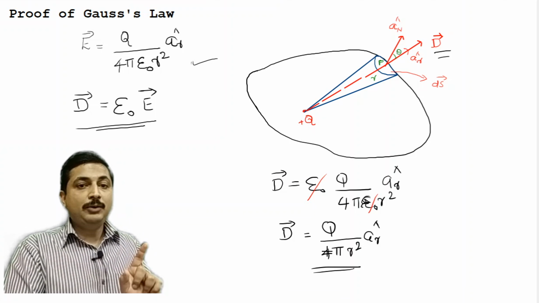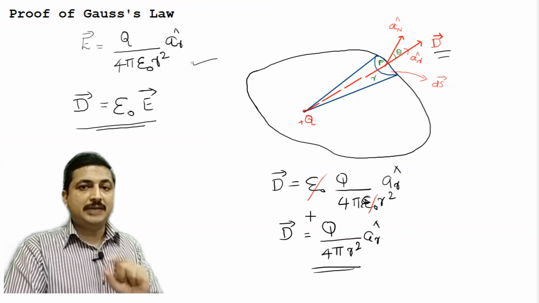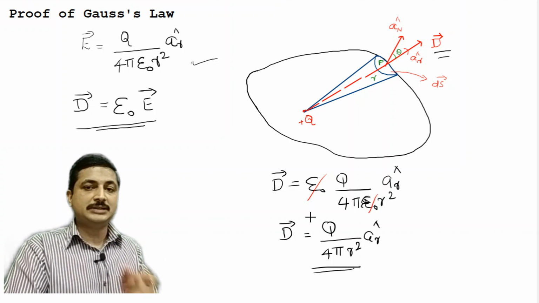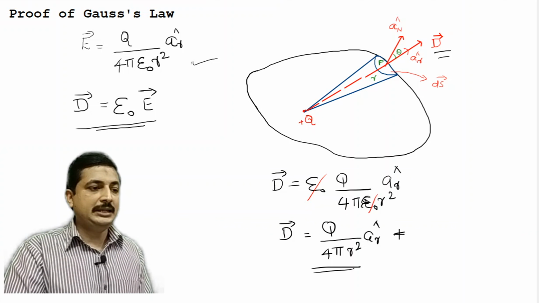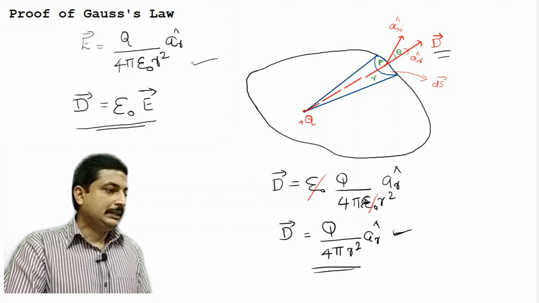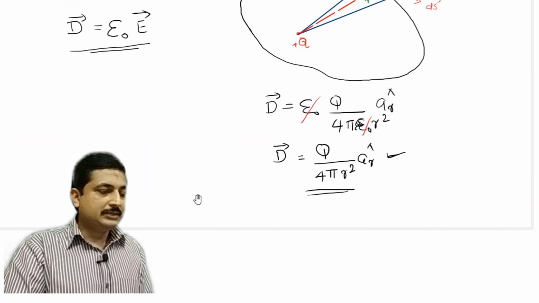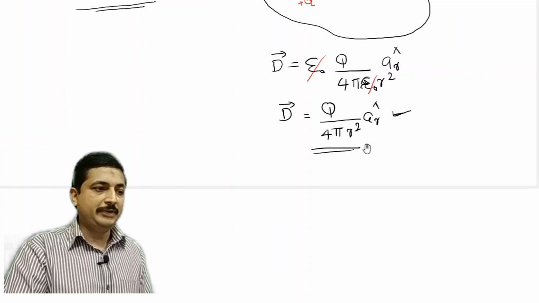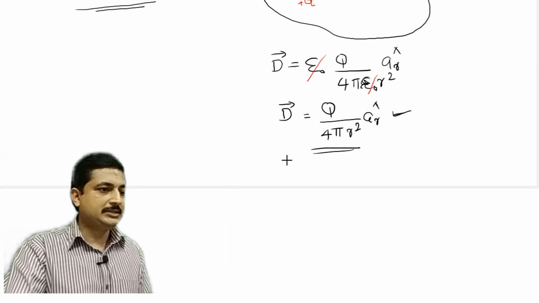Now I have drawn a figure ensuring you that we will find what is the total flux coming out of a small surface ds. So I need to extend this idea to ds. How am I going to extend that idea to ds? Let us see that. We already know that D is Q by 4 pi r square A R cap, but we also know, what is D vector?